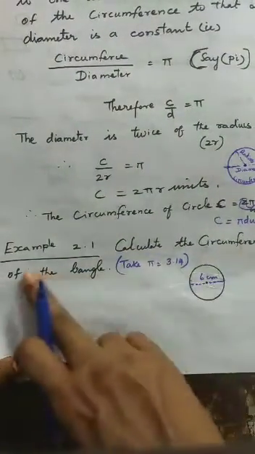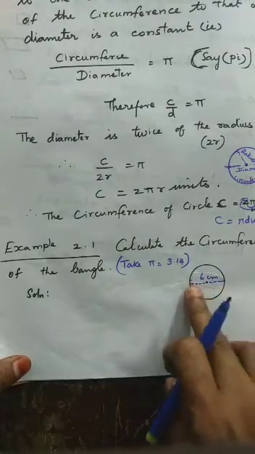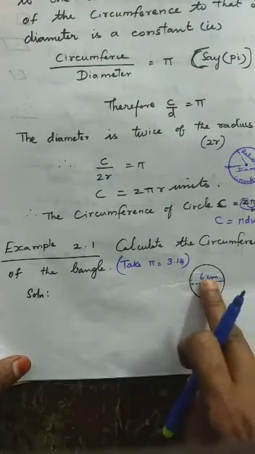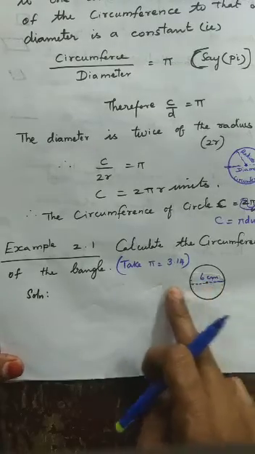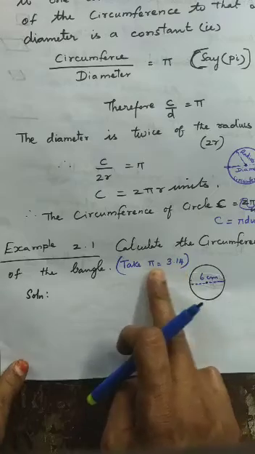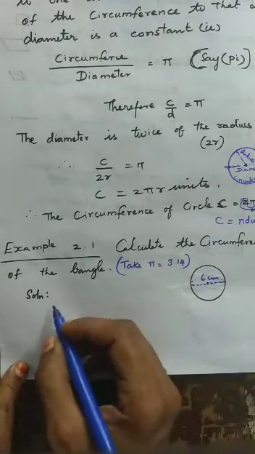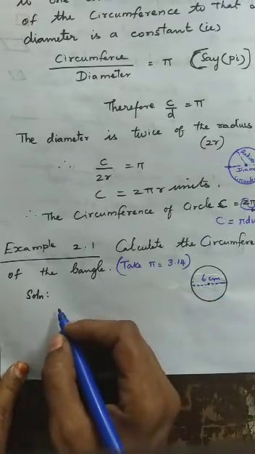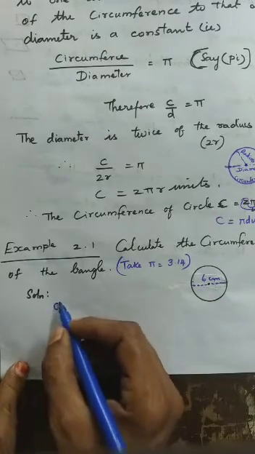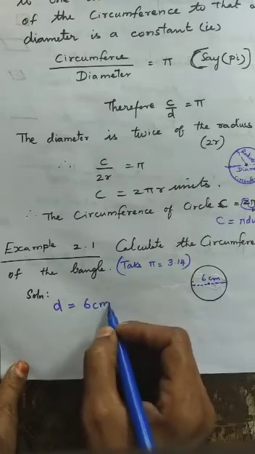Calculate the circumference of the bangle. They have given a bangle and the diameter of the bangle. You have to take pi as 3.14. The given diameter is equal to 6 centimeter.